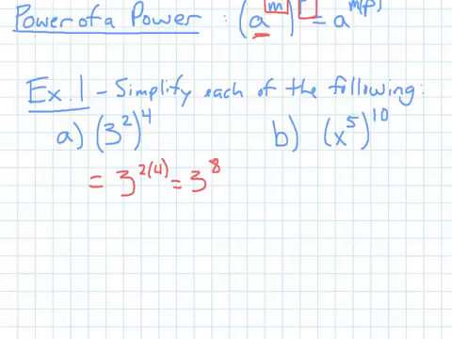The 2 is to that base, so the base is already taken care of with the exponent. So I don't have to change 3 to something else. Now once you get here, remember that 3 is a number that we know, so we can find what 3 to the 8th actually is. If I plug that into my calculator, I get 6,561. Okay, and that would be my answer.